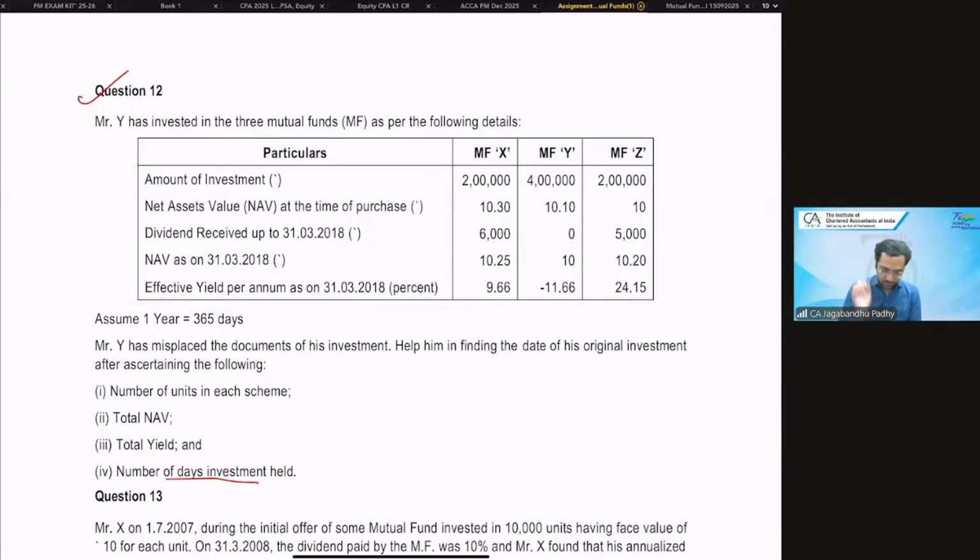Calculate the effective yield, just the return. Annualization part we'll do later. Can we calculate just the normal return like the previous question? Can we calculate the rate of return like V1 minus V0 plus D upon V0? We can do that, right? Yes. Okay, go ahead, guys.